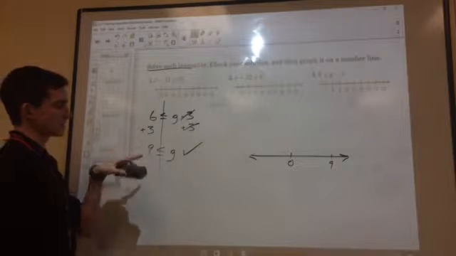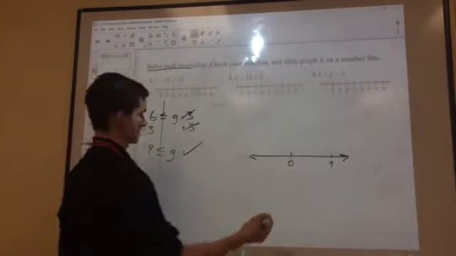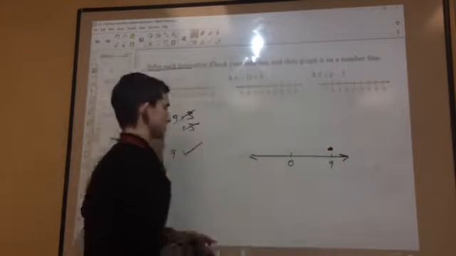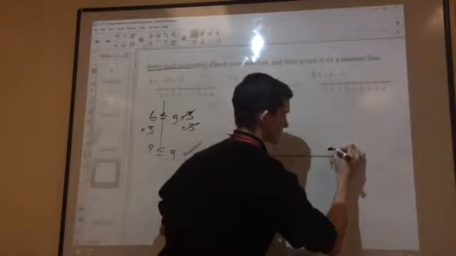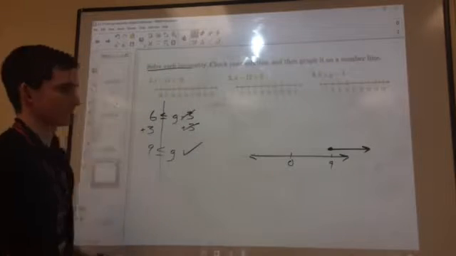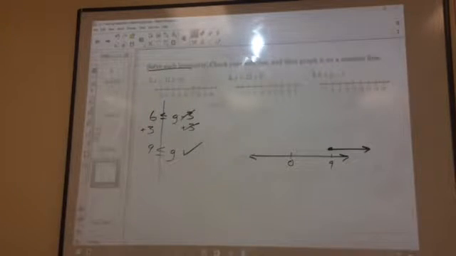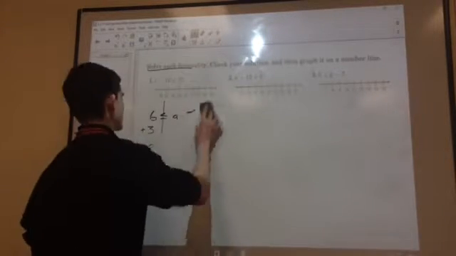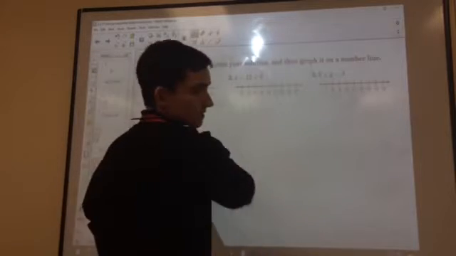So if G is greater than or equal to 9, so there's 9, it's greater than, needs to be going that way. That's another way. That's probably the lazy man's way of graphing these things. Graphing inequalities. All right, next one.